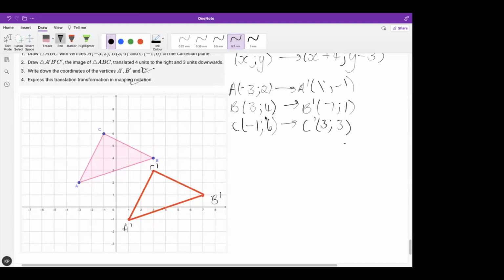Now I have one last question before we leave. Are these two shapes congruent or similar? And what's the reason? Congruent or similar, excuse me. Or similar, not both. Are they congruent or are they similar?